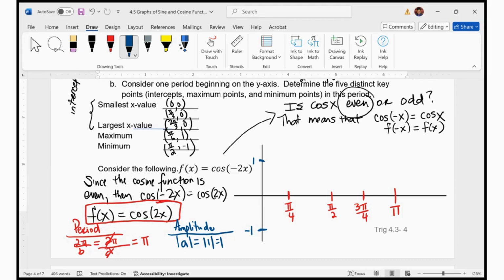Cosine crosses the x-axis at the quarters of the period. Okay. Where are the quarters? Pi over 4, 3 pi over 4. Okay, great.